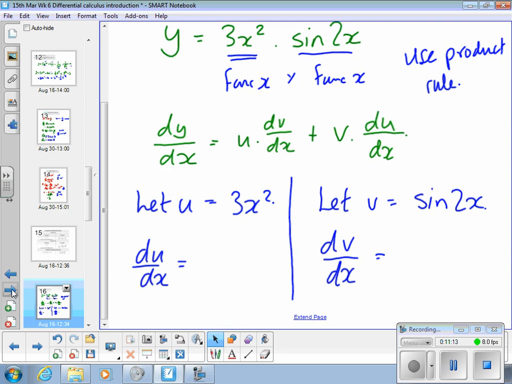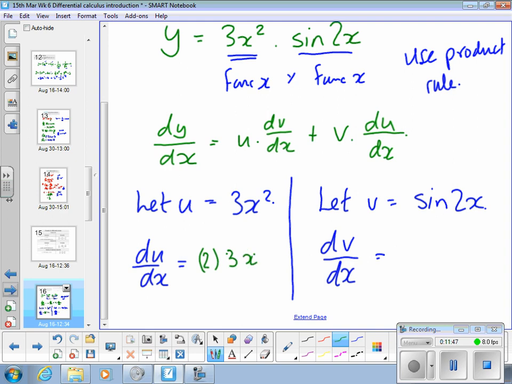So how do we differentiate this one, 3x squared? That's in the form of a power of x. So what's the process from last week? Yeah, so we multiply by the old index and take one off the index.